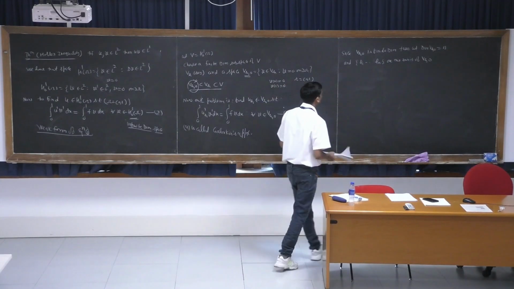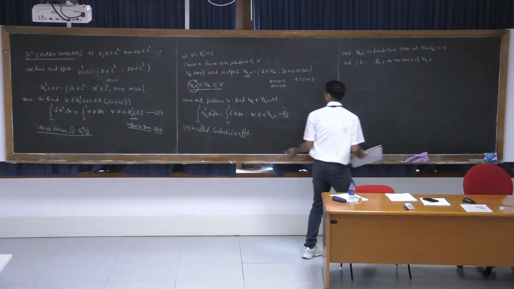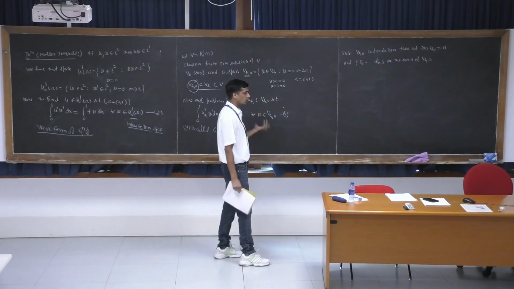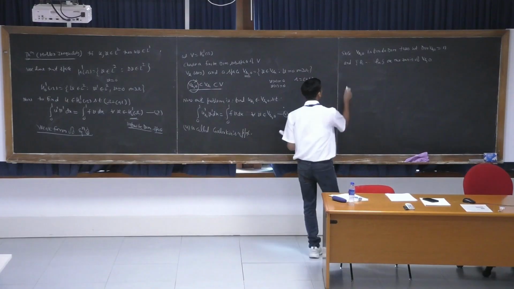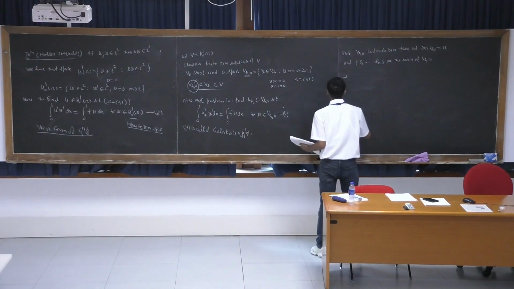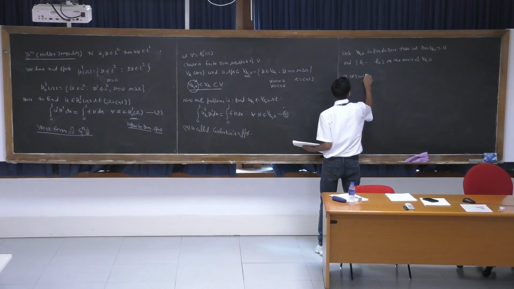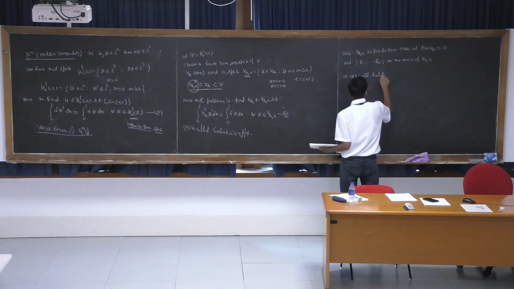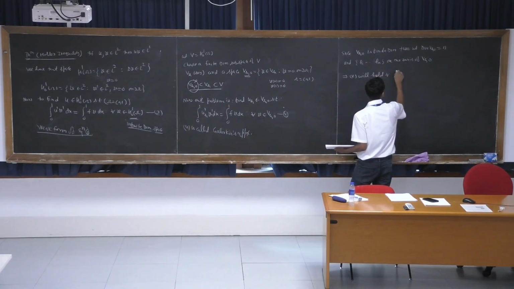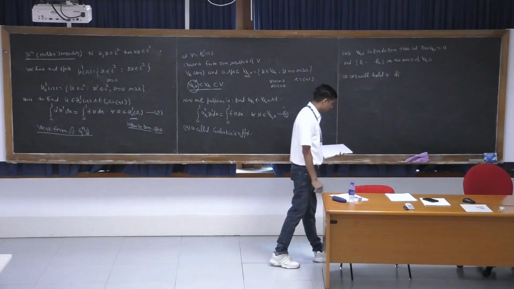Okay, so these are the bases. This means 4 will hold for all bases, so 4 will hold for all phi i's.